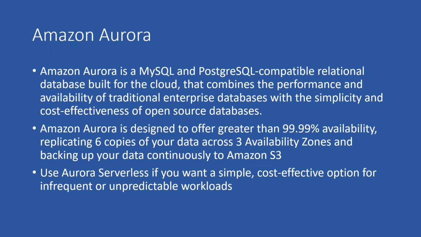They took the source code from MySQL and Postgres, and they re-architected it for the cloud. And then they improved the performance. I believe MySQL is 5 times more performant.